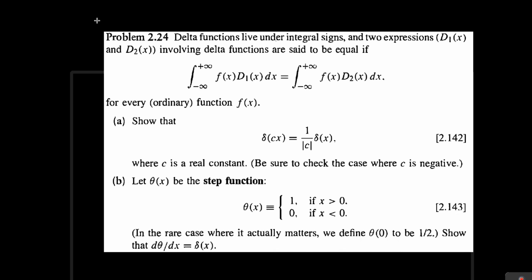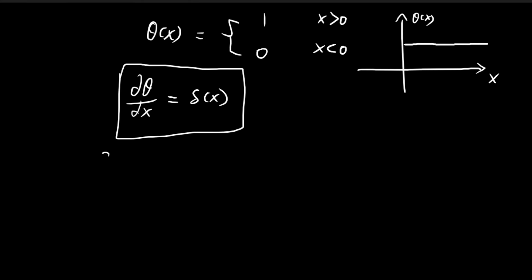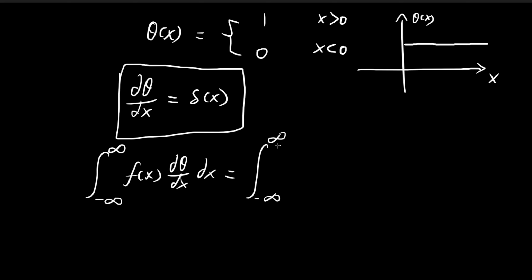In order to do this, as before, we're going to use this rule over here. If we can prove that this is true, we can prove that d1 is equal to d2. What that means is that we're going to try to prove that this integral will be equal to this integral, f of x times the delta of x dx.